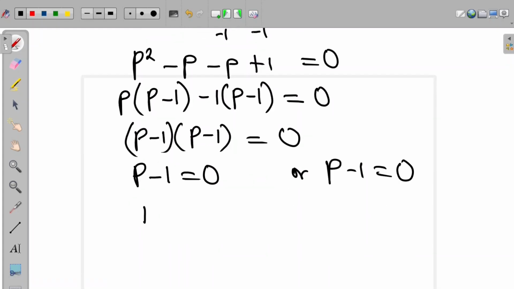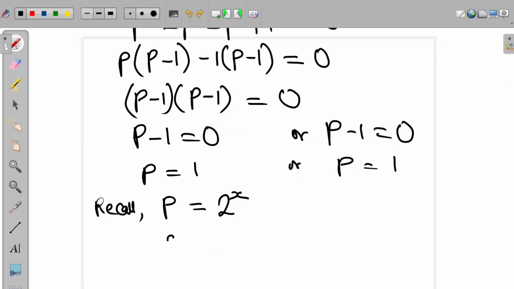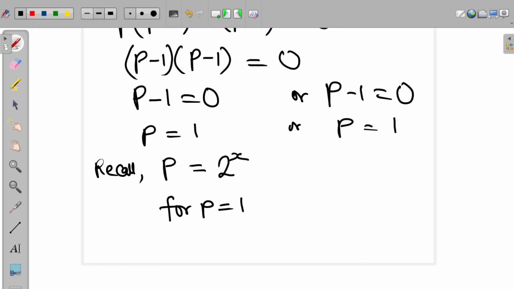So therefore, p is equal to 1, and here also p is equal to 1. But recall that p is given as 2 to the power of x. So for p equal to 1, we have it that 1 is equal to 2 to the power of x.